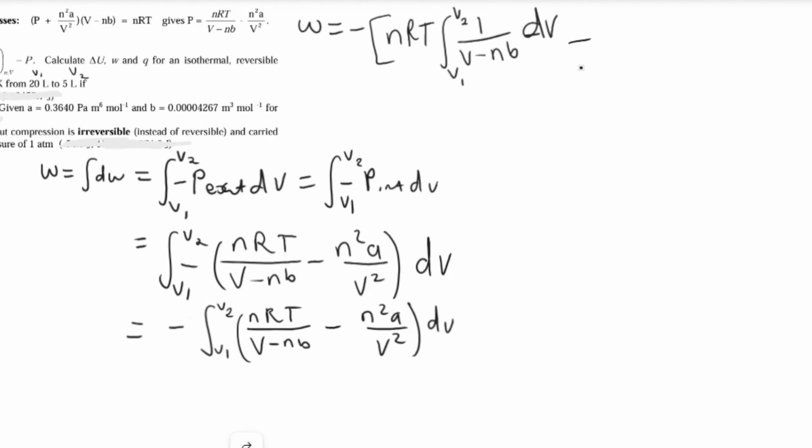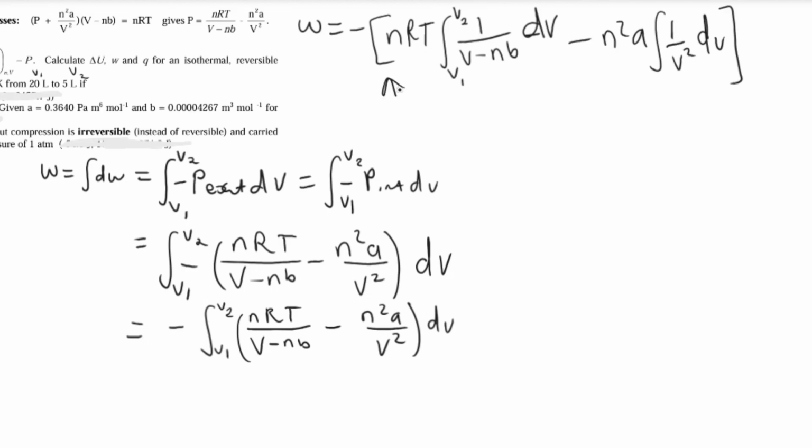We have dV there, and then we have another integral from V1 to V2. Before writing this integral, we should take out the constant, because that's the reason why we are separating the integrals. We have two terms here inside, and they both have constants on top that we need to take out. The n squared a, we take it out, and then we integrate over V, 1 over V squared dV. And then we can close this bracket that we opened here.